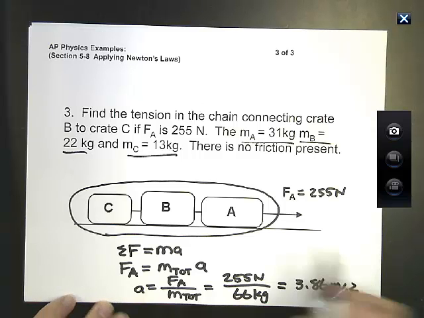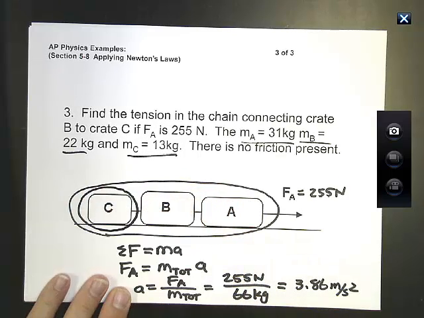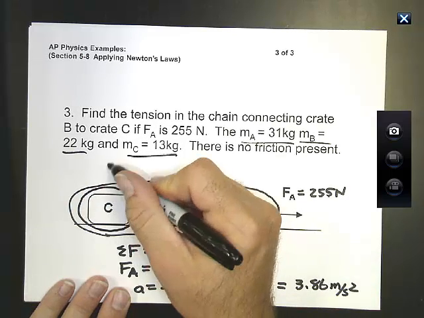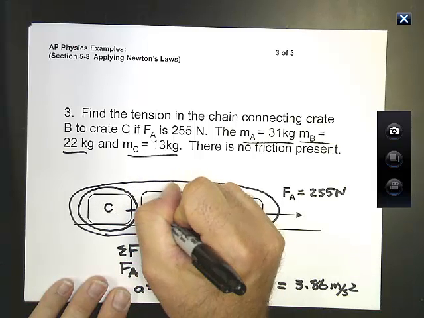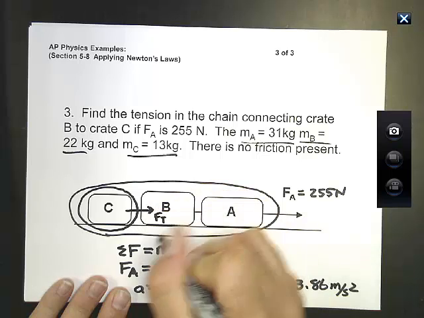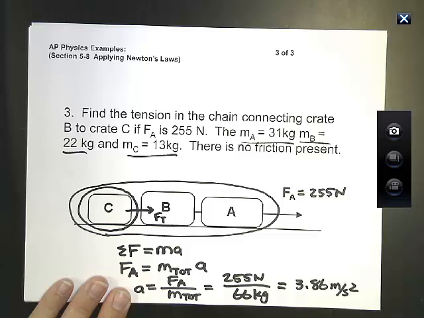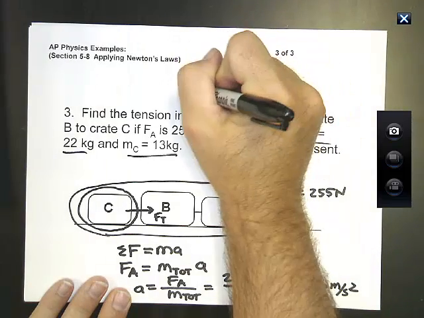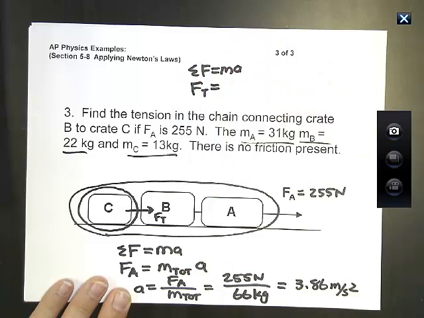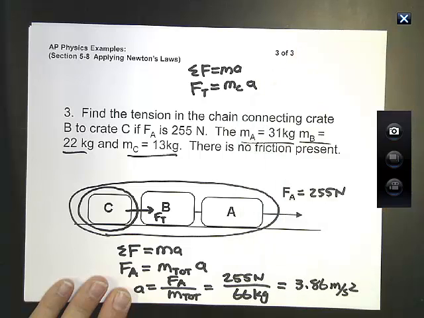Now, one way to solve this is to isolate C and ask, what are the forces on C? We've got its normal force and its weight force, which cancel out. We also have this tension force that we're after, and that tension force is responsible for accelerating block C. So the sum of forces equals m a. The force of tension equals the mass of block C times its acceleration.